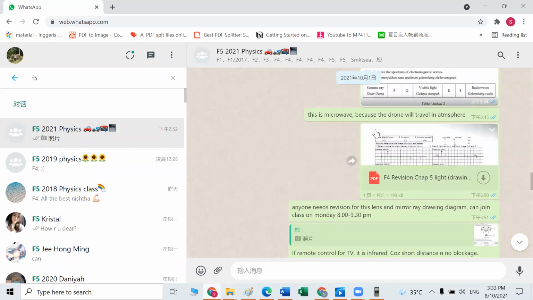Because for my school students, many people haven't gone through this ray diagram drawing, so I will have a class next Monday.